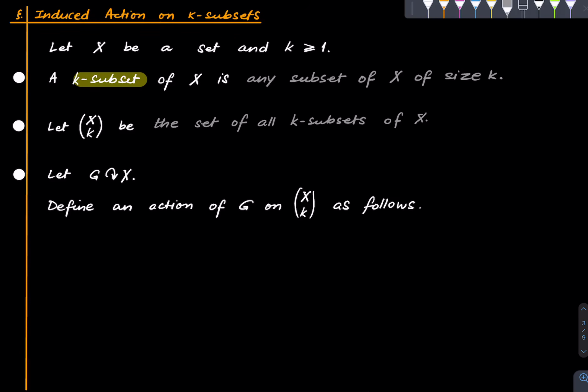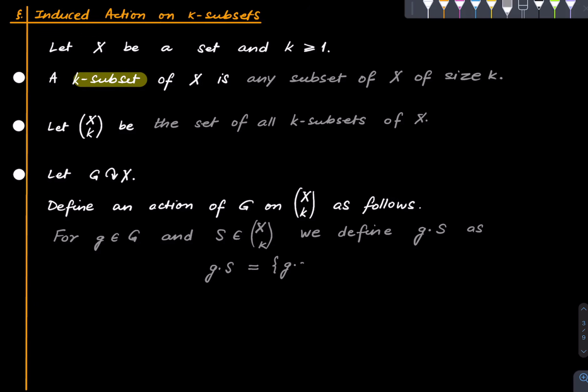For little g in capital G and a K subset S of X, we define g dot S as g dot S equal to g dot x for x in S. So this dot is what we are defining, and this dot is coming from the given action.